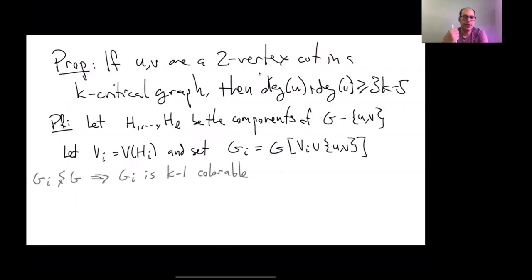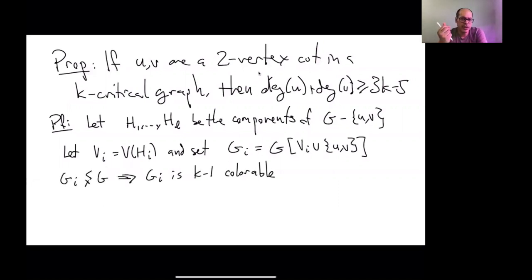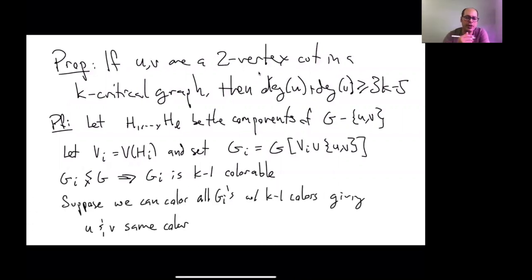So on the one hand, because G was k-critical, and these are proper subgraphs, they're strictly smaller, you know that they're each k-1 colorable. But now let's think how those colorings are going to interact with these vertices, u and v. So for example, let's suppose it was possible to color each Gi with k-1 colors, because they're all k-1 colorable, such that in each of these colorings, u and v have the same color.